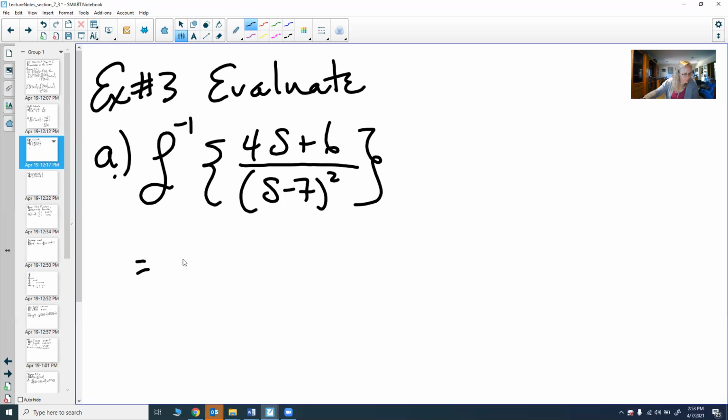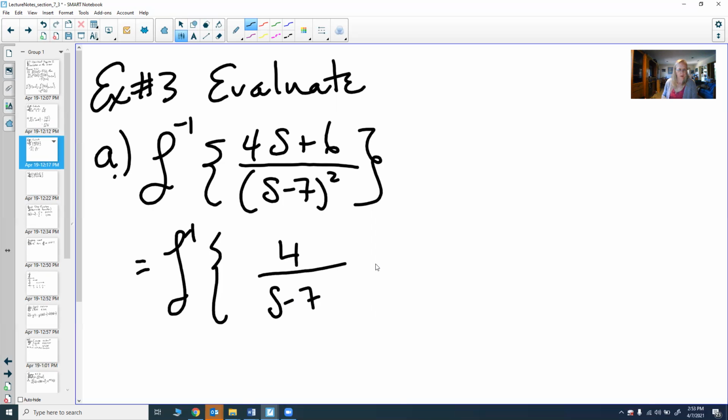So we take out our calculator and go ahead and do the partial fraction decomposition of this. When we do that, this becomes 4 over s minus 7 plus 34 over s minus 7 squared.